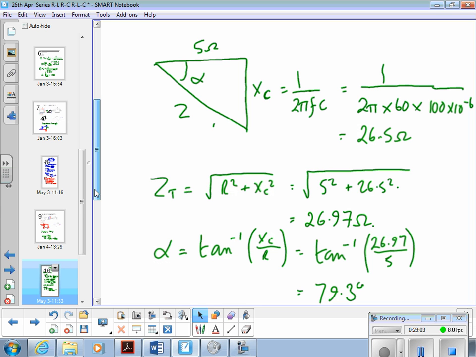So where increasing frequency with an inductor lengthens the Z line and increases the angle, increasing frequency of the capacitor does the opposite. So if we increase frequency, XC will get smaller, therefore Z will get smaller, and its phase angle will get smaller. So if Z's magnitude gets smaller, what happens to the current?